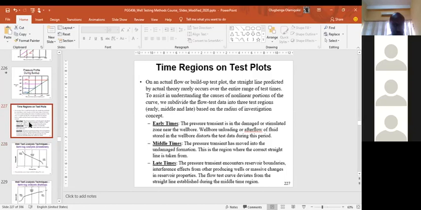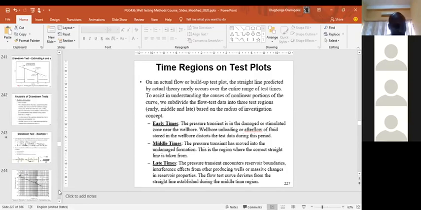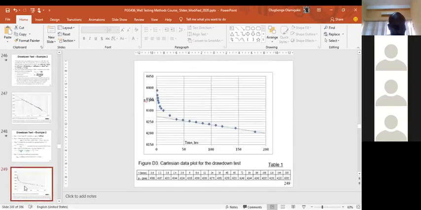So on the Cartesian plane, are you seeing the straight line is the pseudo-steady state region? I didn't get your question. I'm trying to understand what you said. Idris, just listen for a moment.